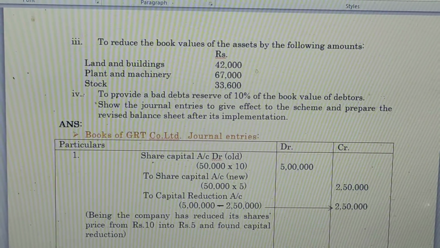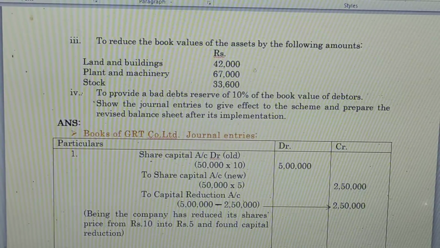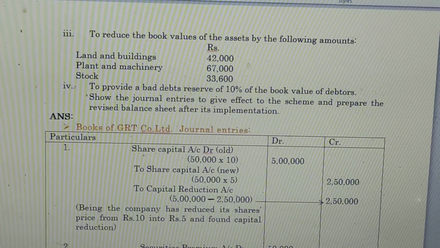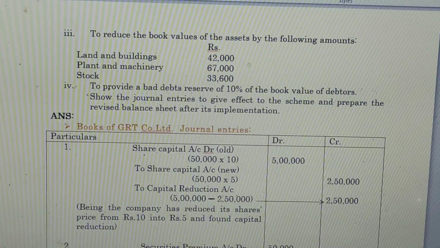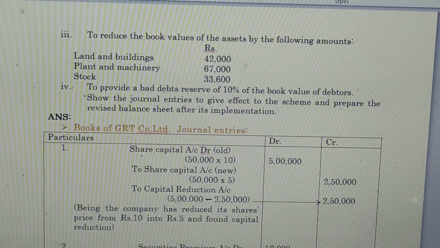And the fourth point, to provide a bad debts reserve of 10% of the book value of debtors. Show the journal entries to give effect to the scheme and prepare the revised balance sheet after its implementation.